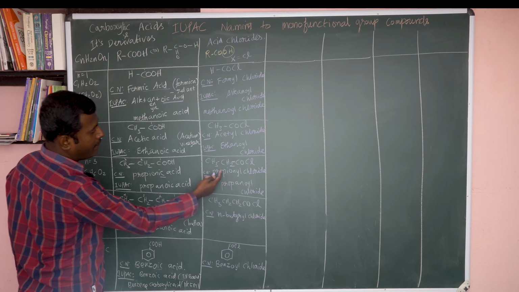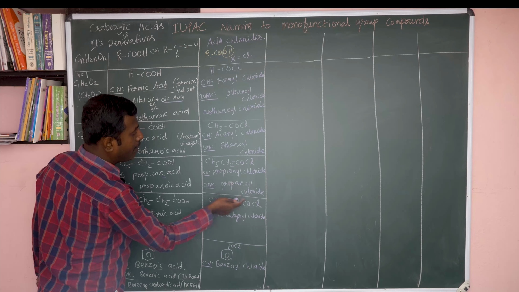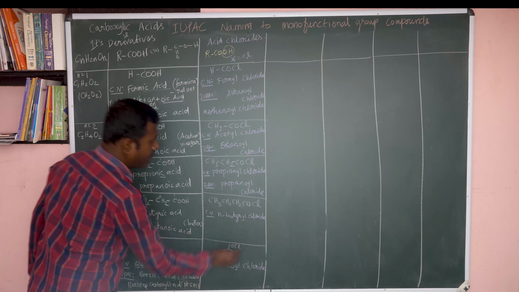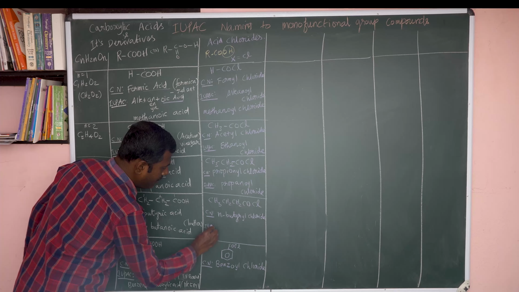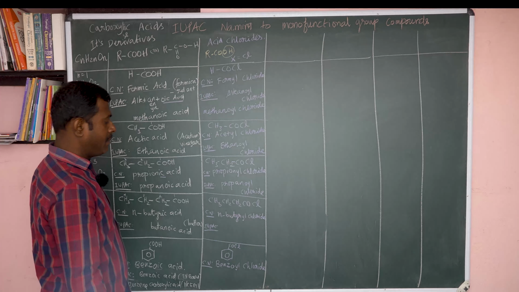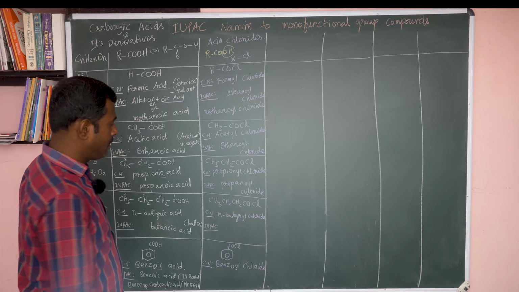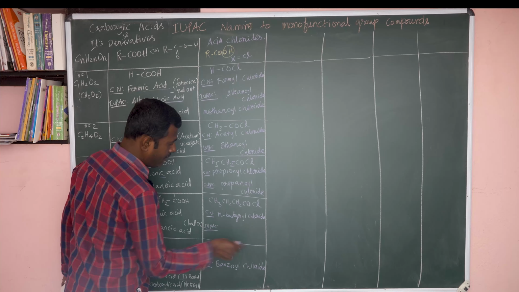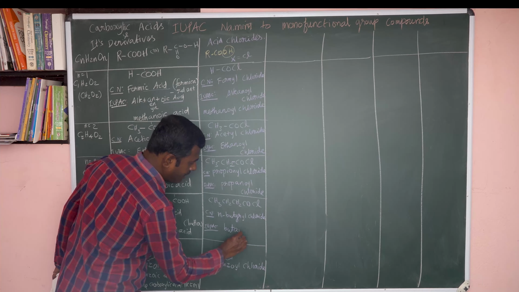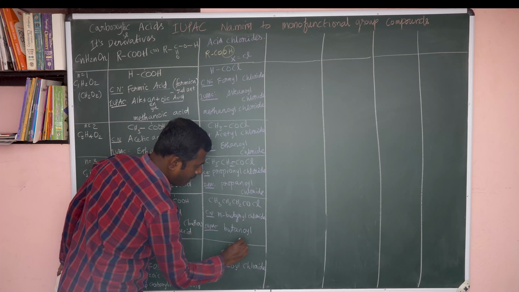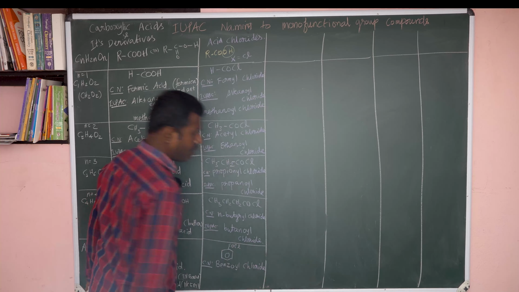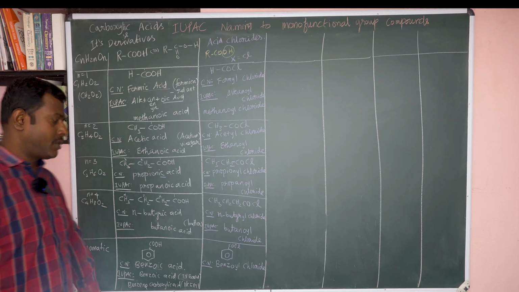For the acid chloride, propionyl chloride, propanoyl chloride. Okay, right. And for n-butyryl chloride, the IUPAC name: in IUPAC names, no n should be given. So number of carbons, 4 means but, only single bond so an, and oyl chloride. So butanoyl chloride.